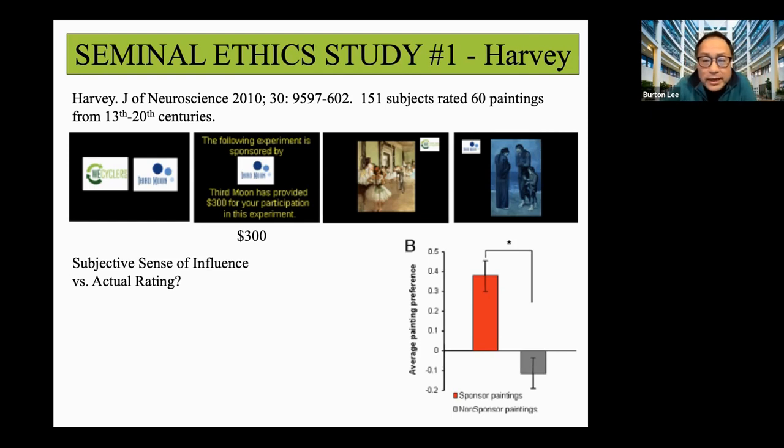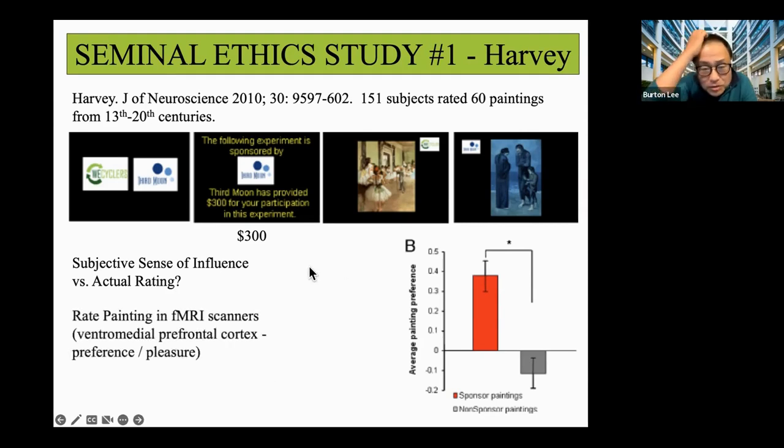And what they noted was that for the majority of the subjects, the part of the brain that lit up is the ventromedial prefrontal cortex, which is actually associated with preference and pleasure. So in other words, these people seem to genuinely like the paintings better when they were supported by the company.